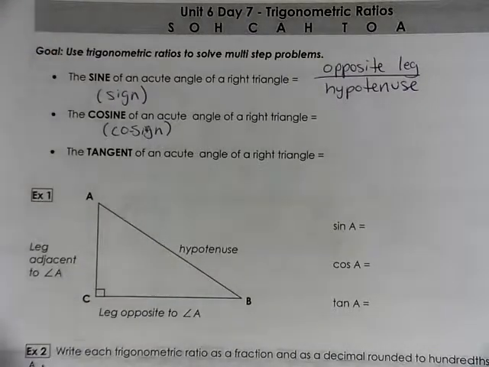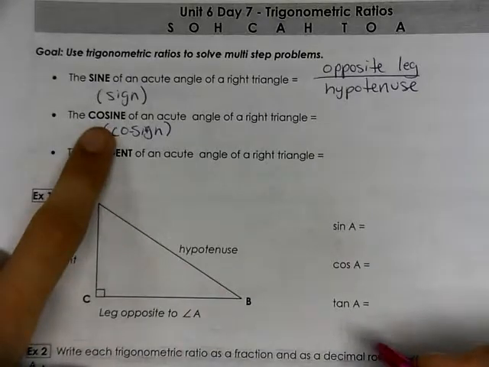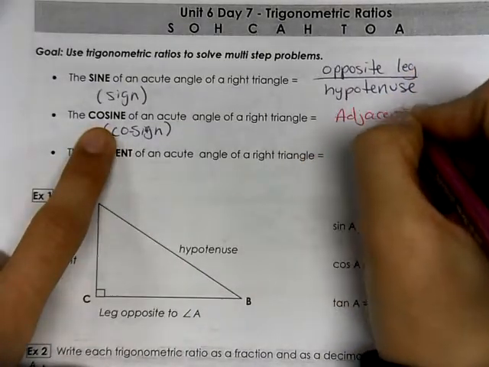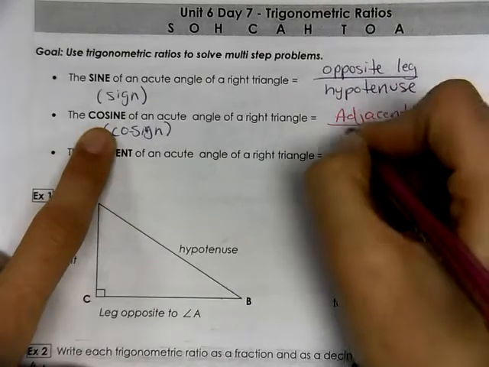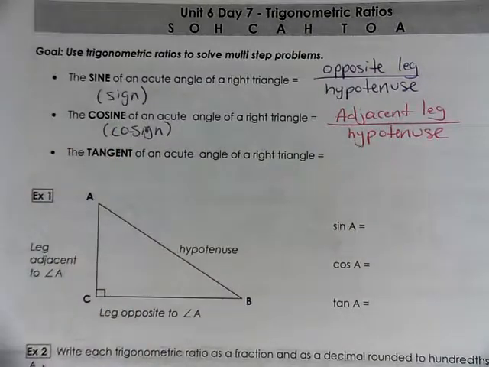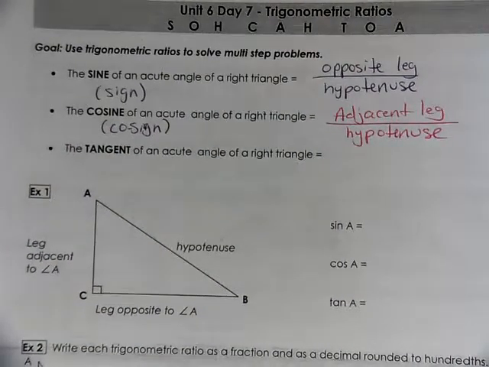So it's called a sine ratio. It's a fraction. It will help us solve an angle measure later or a side measure later. The cosine is the adjacent leg over the hypotenuse. So the cosine is the adjacent leg over the hypotenuse.